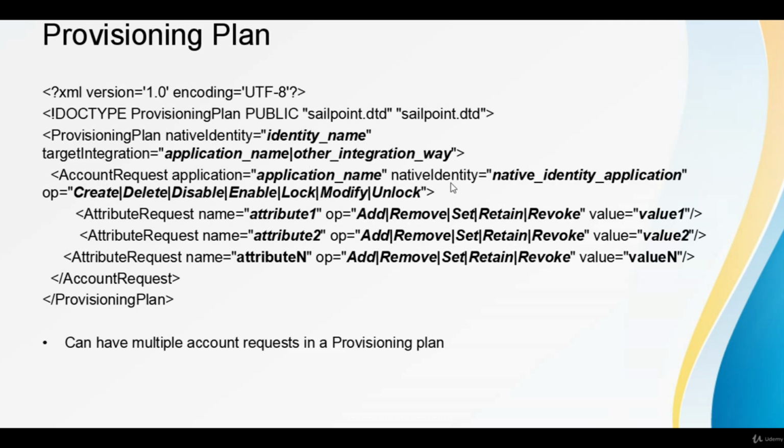So this native identity will tell SailPoint IIQ, for this identity, for which application, and for that application which account. So out of many accounts the identity has, for that application which account I have to work on, for which account we have to modify.